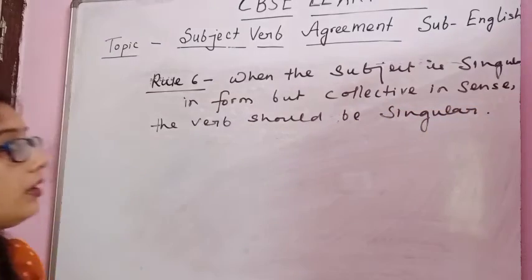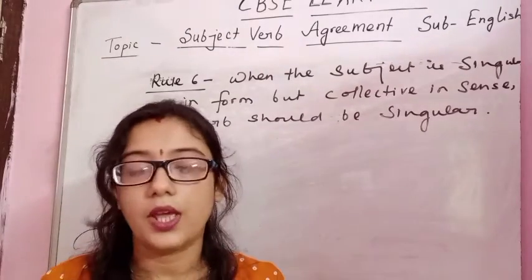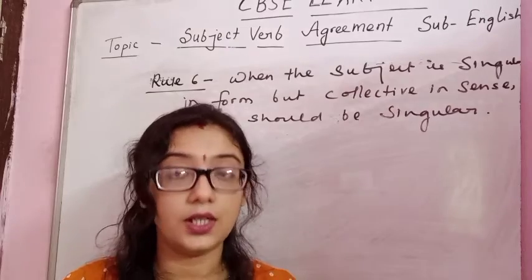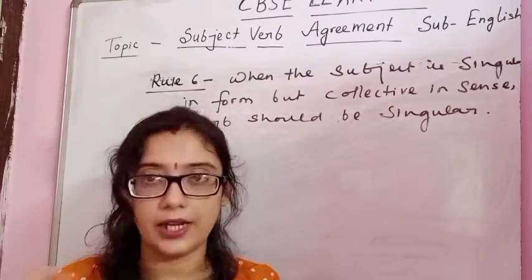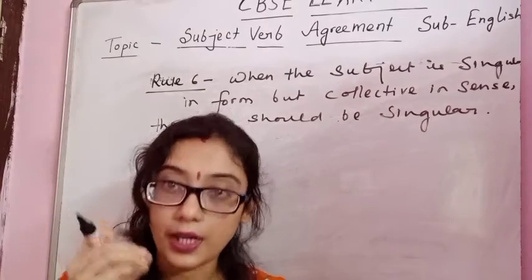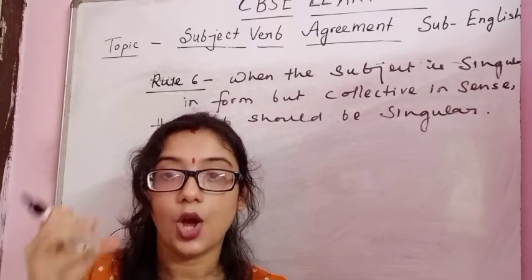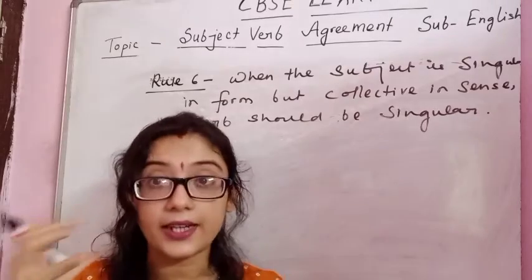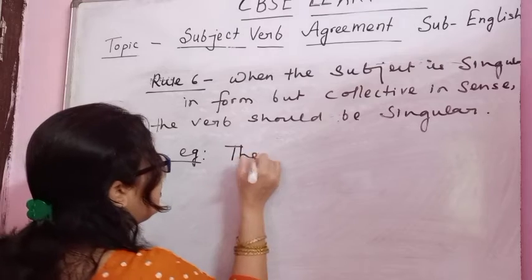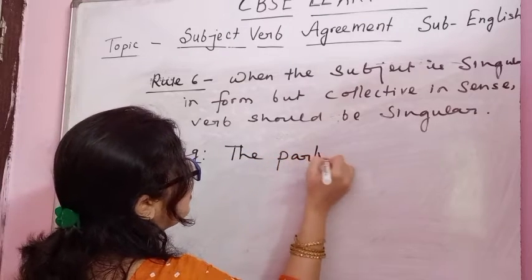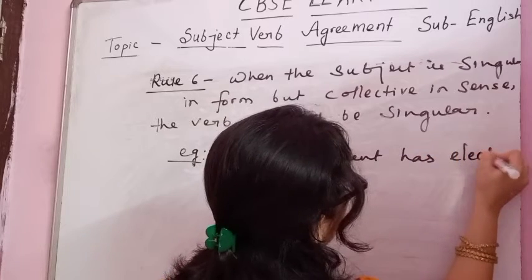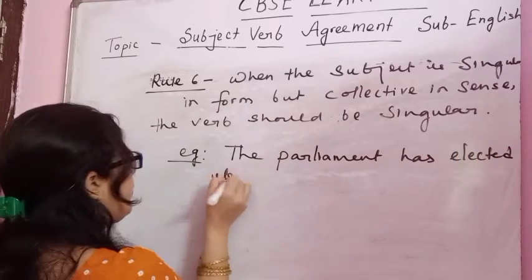So when the noun is singular in form but the sense it gives is collective. For example, the parliament. Parliament is singular in form but it is plural in sense, isn't it? It is collective in sense. For example, the parliament has elected its speaker.